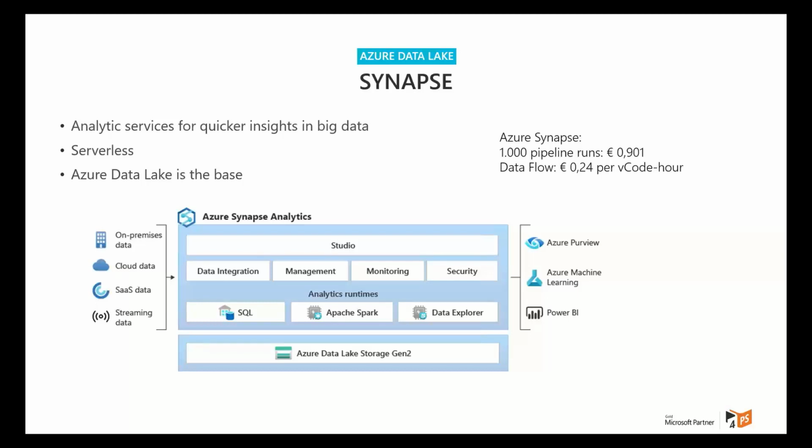That's also the tool we are going to use in this scenario. And what you see here is, of course, you must run it, but 1,000 pipeline runs will cost you, well, 90 cents. So it's also quite cheap.